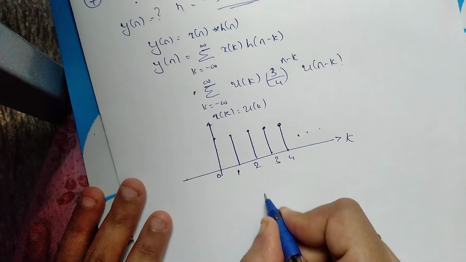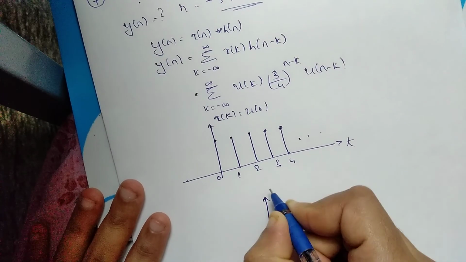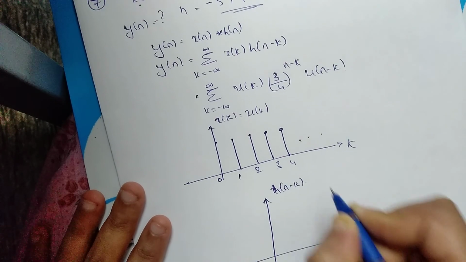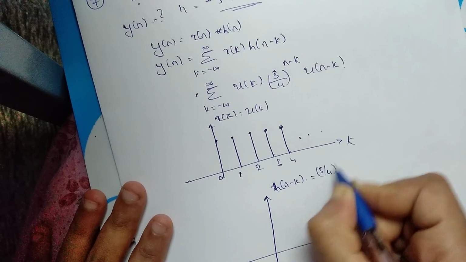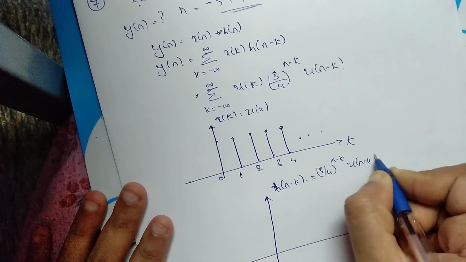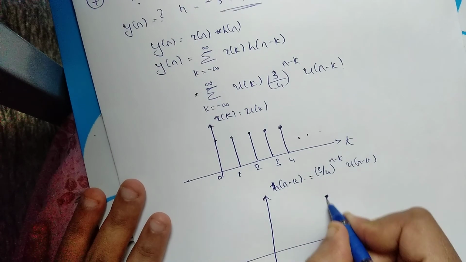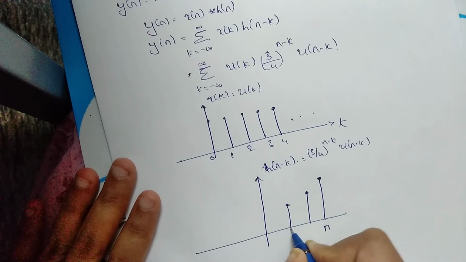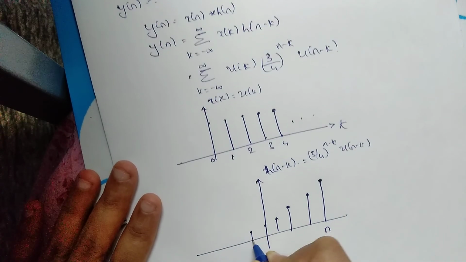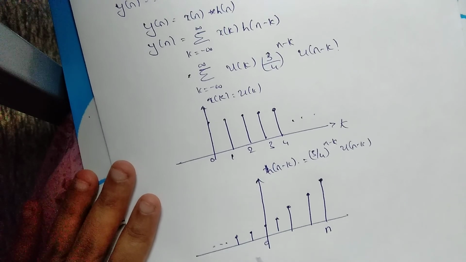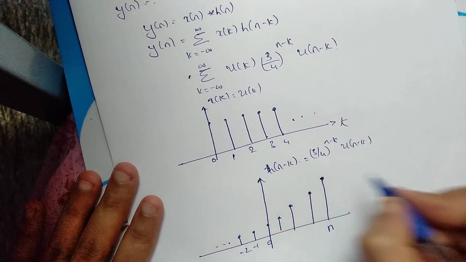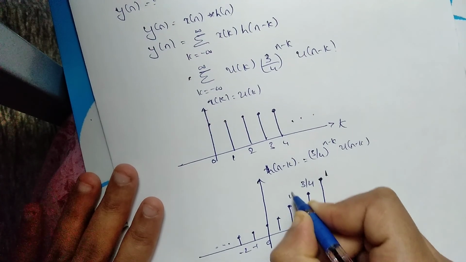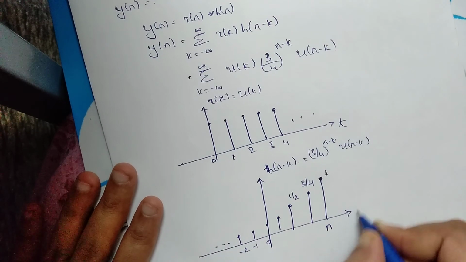Now we need to plot h of n minus k, that is 3 by 4 to the power of n minus k into u of n minus k. Always this will start from 1 at n, and all other values are decreasing: 0, minus 1, minus 2, like that. So the amplitude is always 1, the second amplitude will be 3 by 4, then 1 by 2. Similarly, it is decreasing. So this is k.